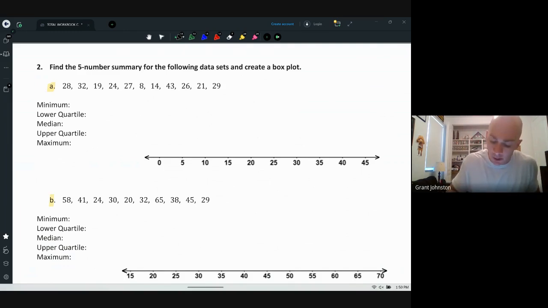So the smallest one here is 8, 14, I think, then 19, 21, 24, 26, 27, there's a 28, there's a 29, okay, a 32, and then a 43.